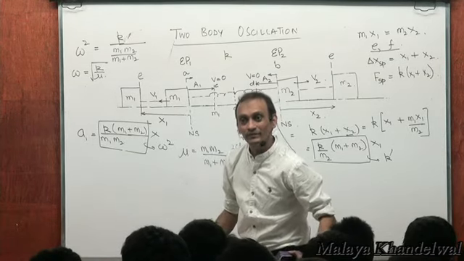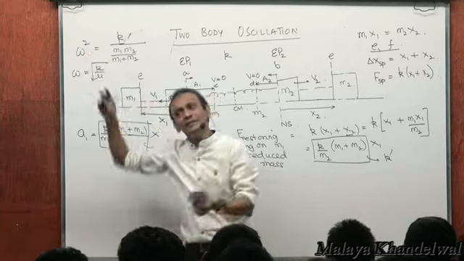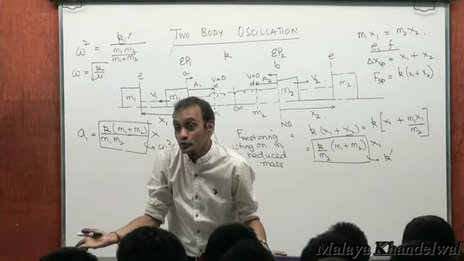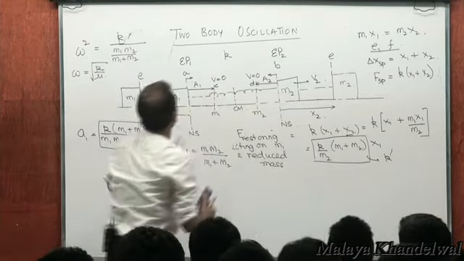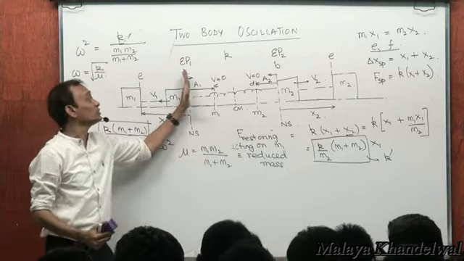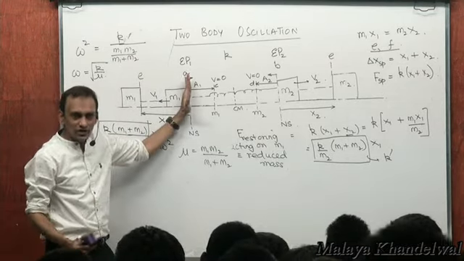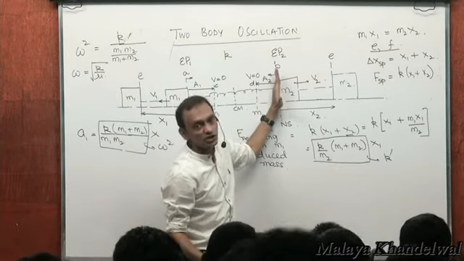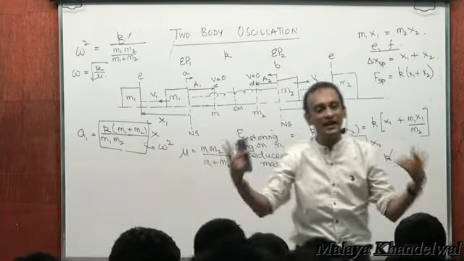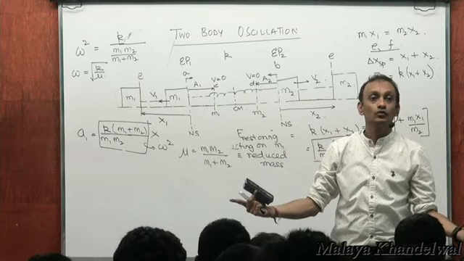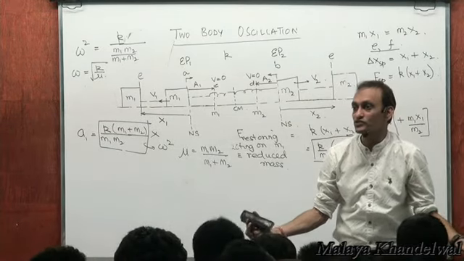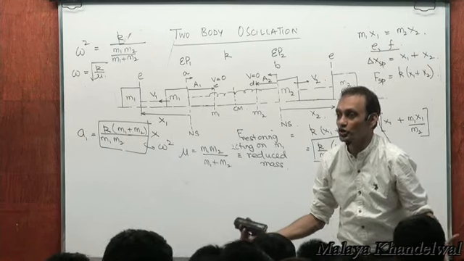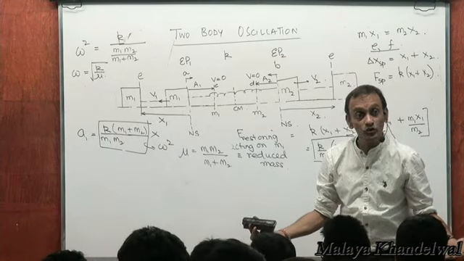So omega for M1 will be the same as omega for M2. The only difference is M1 will execute simple harmonic motion with this omega about this equilibrium position, and M2 will execute simple harmonic motion about its position with the same omega, root K by mu. Mu is the reduced mass of the system. Is that all right? It's okay now?